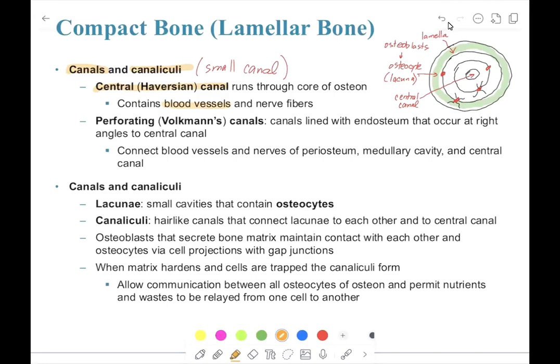It has blood vessels and nerve fibers. Then there are perforating or Volkmann's canals, which occur at right angles to the central canal. And then the other canals are the canaliculi. And the canaliculi are hair-like canals, connect each lacunae to each other. And the lacuna is the small cavity with the osteocyte. And those osteoblasts, again, become osteocytes after that.